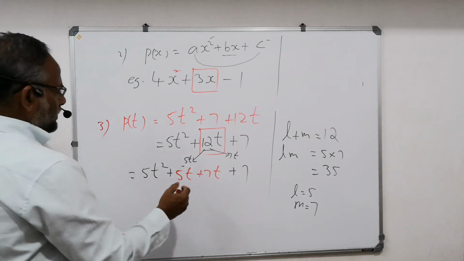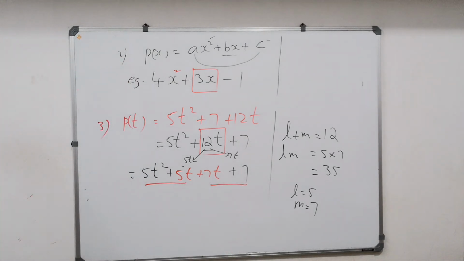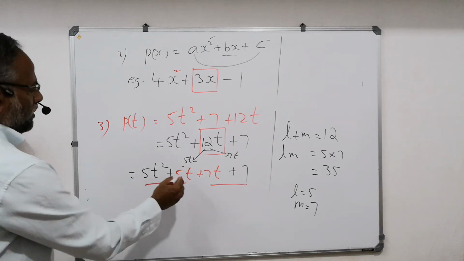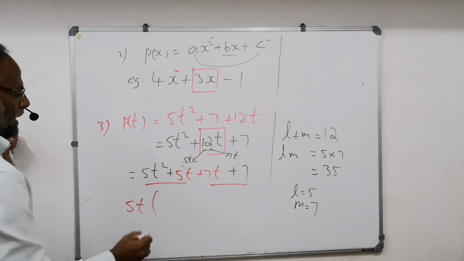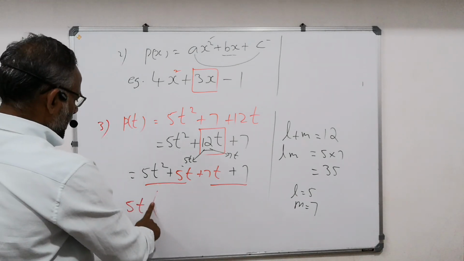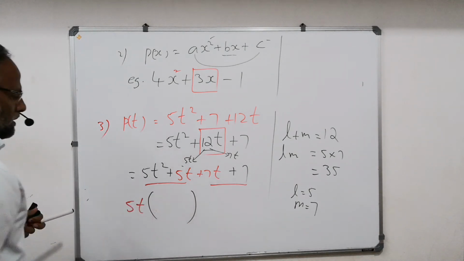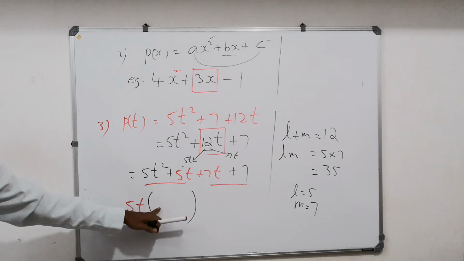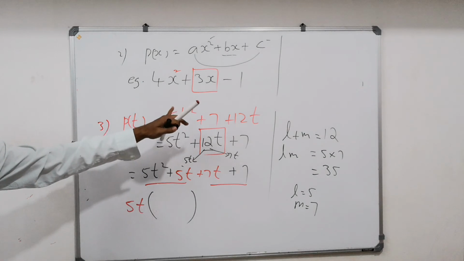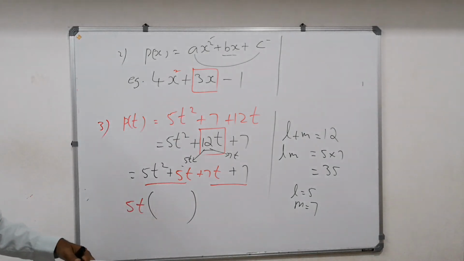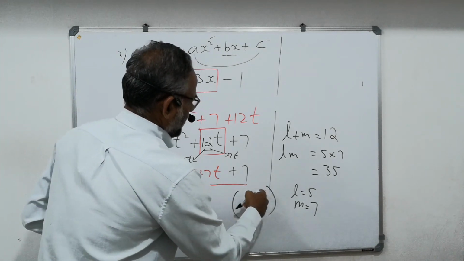Now after that, there are 4 terms. You can group them in pairs, then take common. From 5t plus 5t square, I can take out 5t, and write the bracket inside. Suppose you have a black bag and you have to keep something inside.